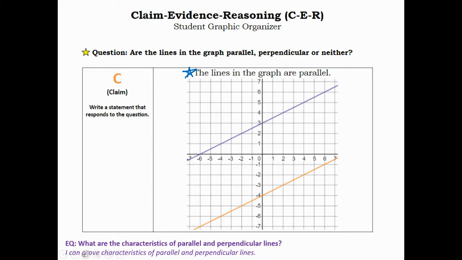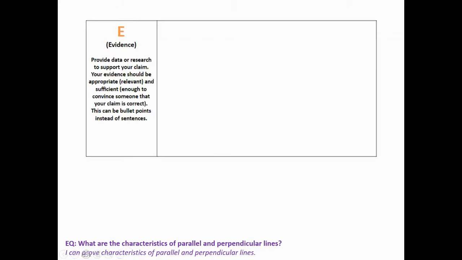And so here we want to look at focusing in on parallel lines, since that's our main focus going forward. So I'm going to switch colors here real quick. And in order to figure out if the lines are parallel, I need to know something about parallel lines. So I'm going to go to my evidence for a minute and just jot down something I know about parallel lines.